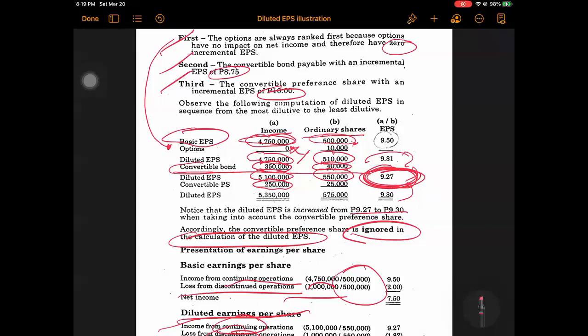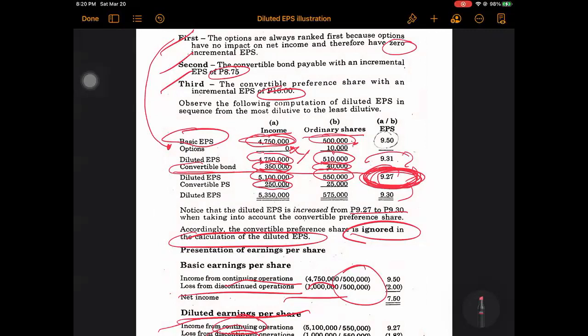Sa kana nga problem, sir, if ang gipangutana is pila ang dilutive earnings per share sa convertible bond payable, the answer is 9.31. Normally, ang problem, mangutana na siya, pila ang diluted earnings per share, ang answer, katong pinaka last, which is kaning 9.27. So kaya ang imong question is, dili, ang convertible bond is 9.27 ha, ang 9.31 sa options na.